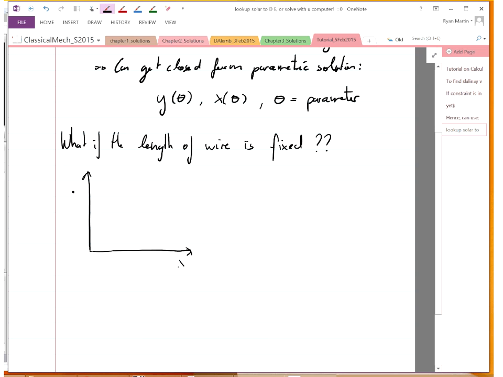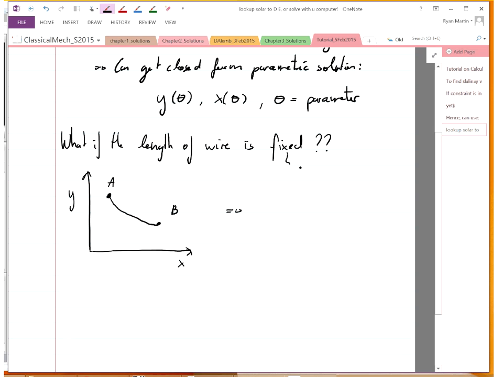My computer's a bit too crazy. So again, you have your points A and B. You need to find a wire. And now you don't have an infinite amount of wire for the bead.